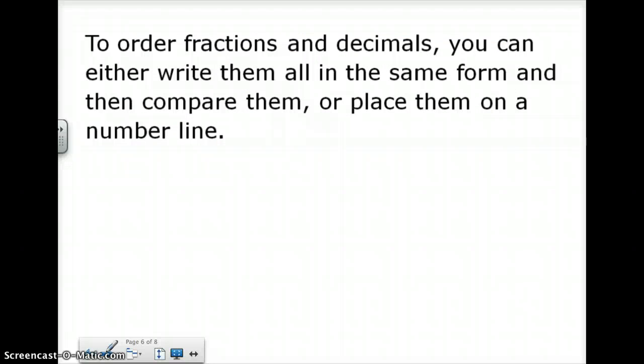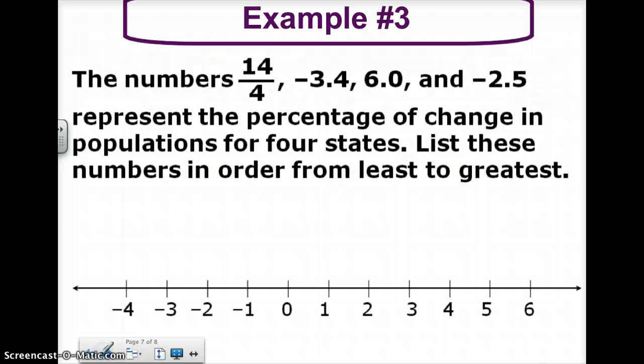To order fractions and decimals, you can either write them all in the same form and then compare them, or place them on a number line. Here we have four numbers: 14 over 4, negative 3 and 4/10, 6, and negative 2.5. These numbers represent the percentage of change in populations for 4 states.